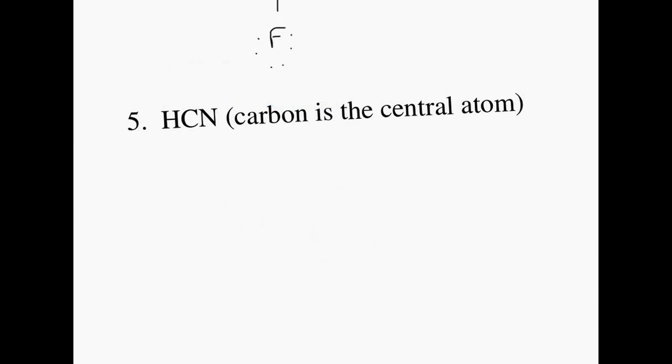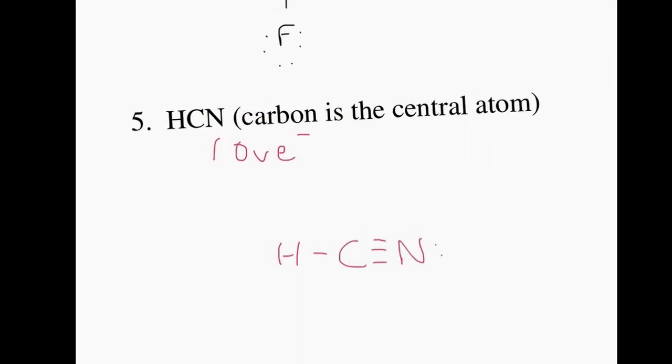Again, I've got 10 valence electrons. This time we're going to try it with a triple bond, and that's about as big a bond as we can get. And I notice that H now has 2 valence electrons. Carbon has 8. Nitrogen has 6. So I need to add 2 more to that nitrogen. And now I've got 2, 4, 6, 8, 10. 10 valence electrons. That looks pretty good.